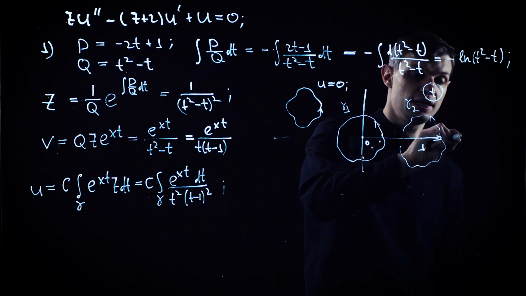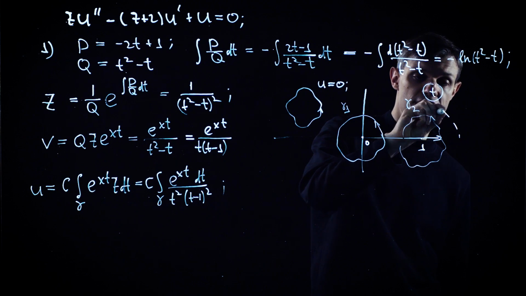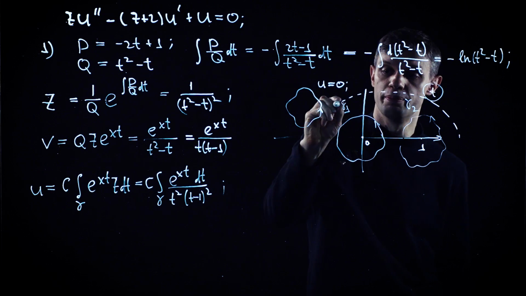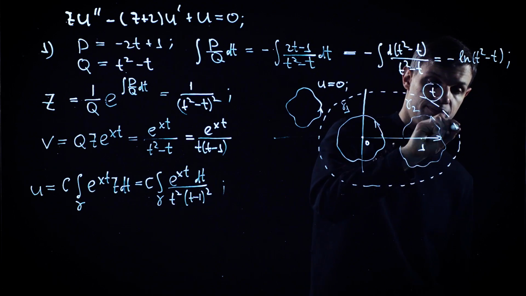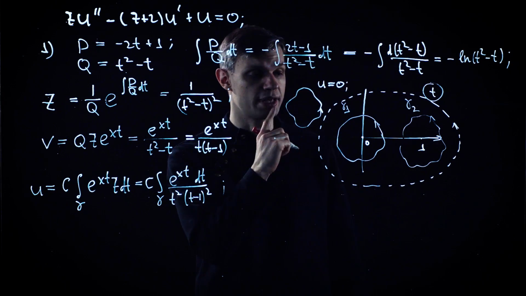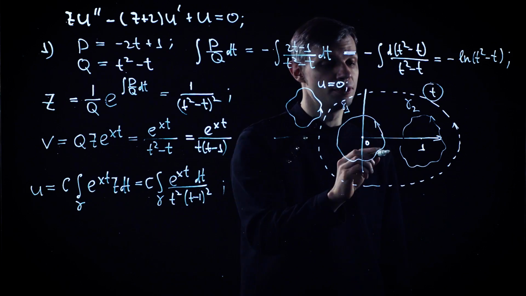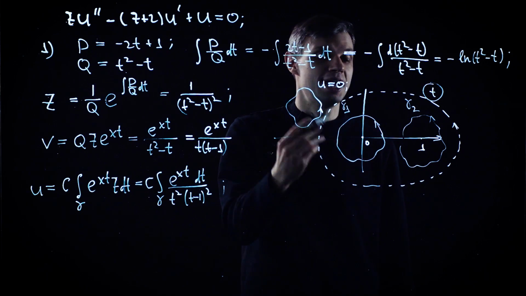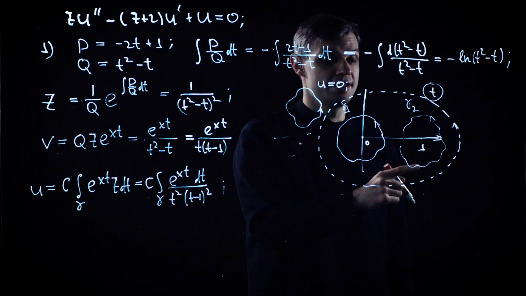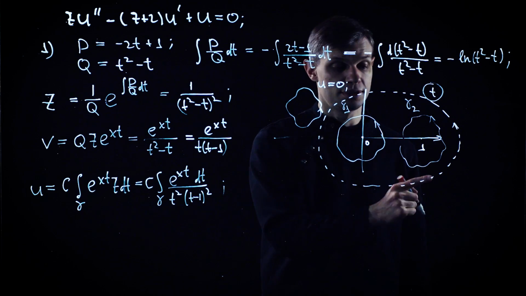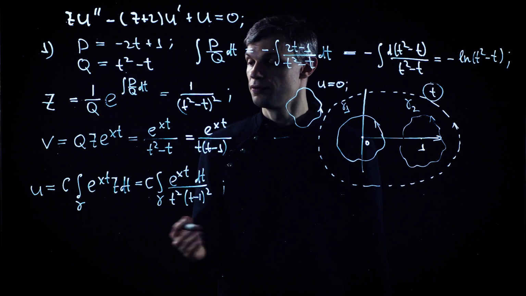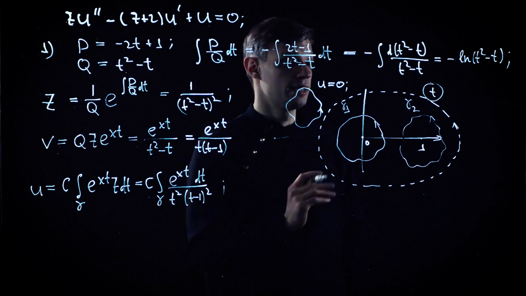You can technically choose, for example, the contour which circles around both poles. But as you have already guessed, this contour can be decomposed into the direct sum of these two ones. So the solution defined by this general contour will be a simple linear combination of these two linearly independent solutions.